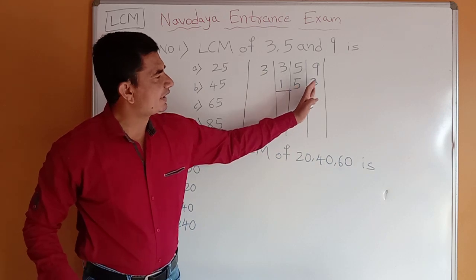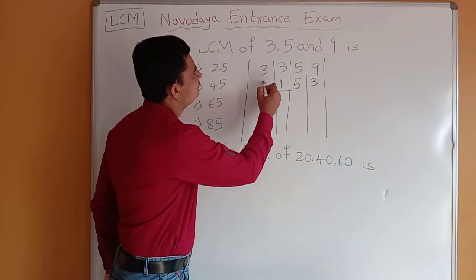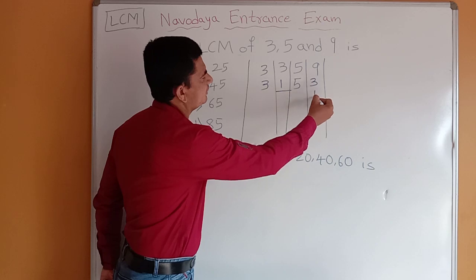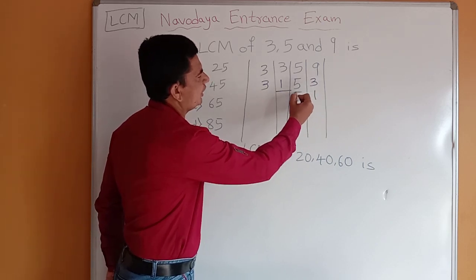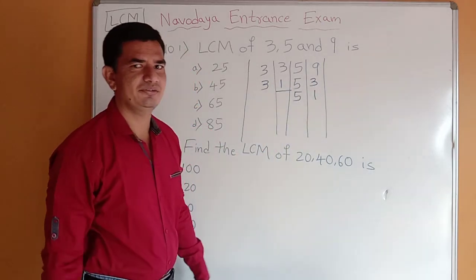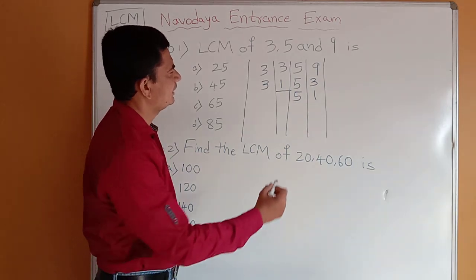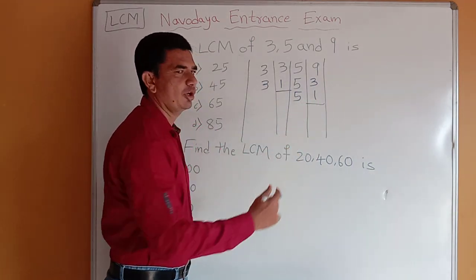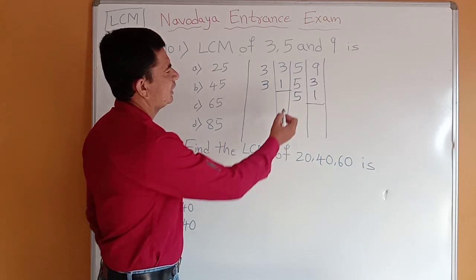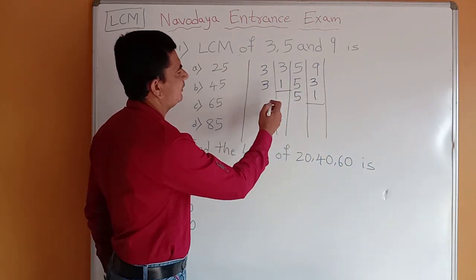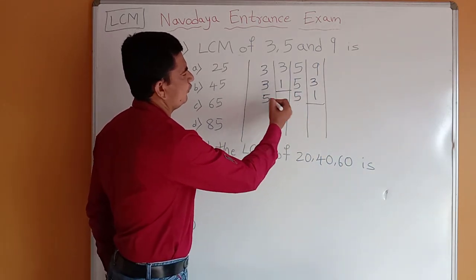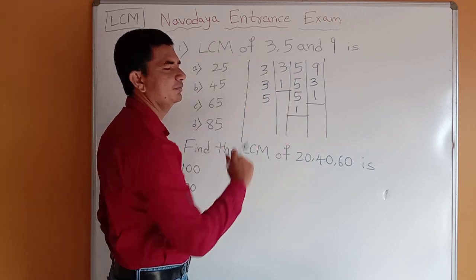Again 3 is there, so we take 3 again. 3 ones are 3. In the 3 table there is no 5, so we take 5 down as it is. Here also we can stop because we got 1. Now 5 is there. In which table is 5 present? In the 5 table only. 5 ones are 5.